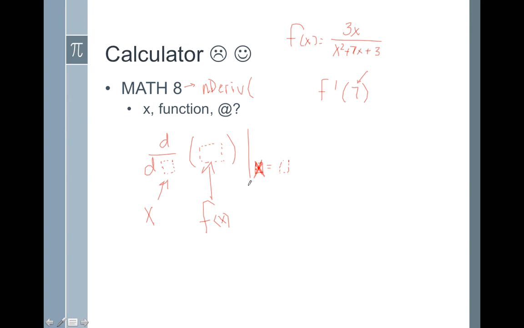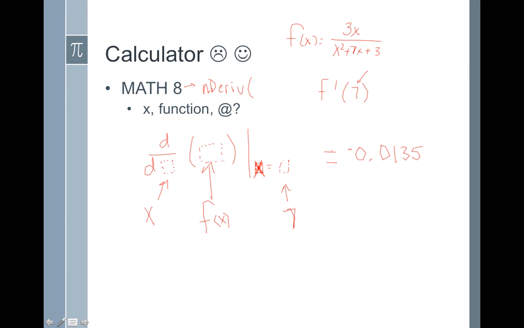This little bar in math says evaluate when x equals, in this case, the 7. And if I plug in 7, it will tell me that this answer is equal to negative 0.0135 and so on.